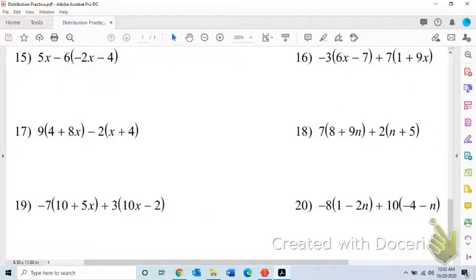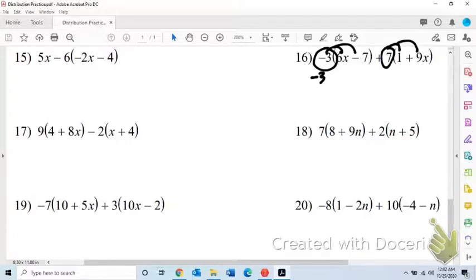Number 16, what we do is we go ahead and take that -3 and distribute it, and that 7 and distribute it. So here we're going to have two separate terms that we need to distribute. From 16 to 20, we're distributing twice, and then we need to figure out, once we distribute those things twice, how exactly we combine like terms.